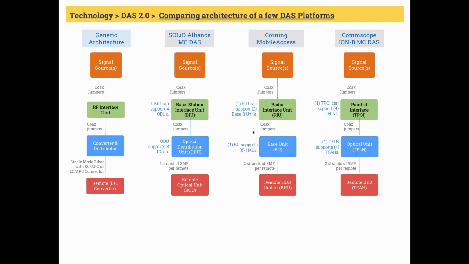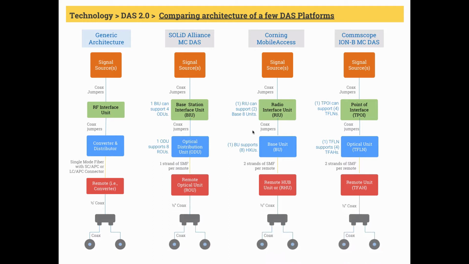And in CommScope, the same thing is known as Remote Unit, or TFAH. Now, as I have told you before, the remote converts the optical signal to RF, and that feeds into the antenna. That's what I'm showing here. It's pretty much the same configuration through all the platforms.